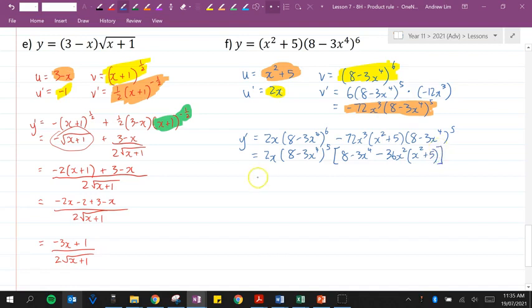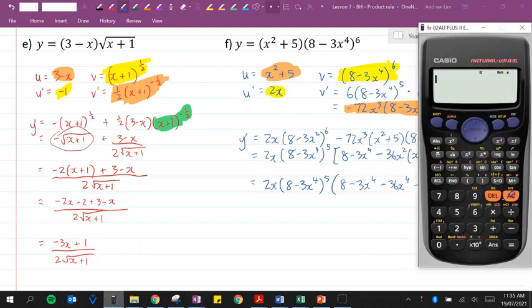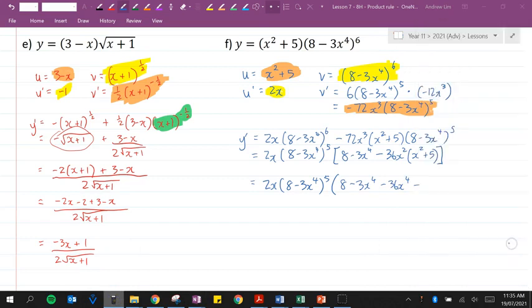Okay, let's tidy this up. We're not going to expand that. 2x bracket 8 minus 3x to the power 4 to the power 5. We've got 8 minus 3x to the power 4 minus 36x to the power 4 minus, what's 36 times 5? 180x squared.